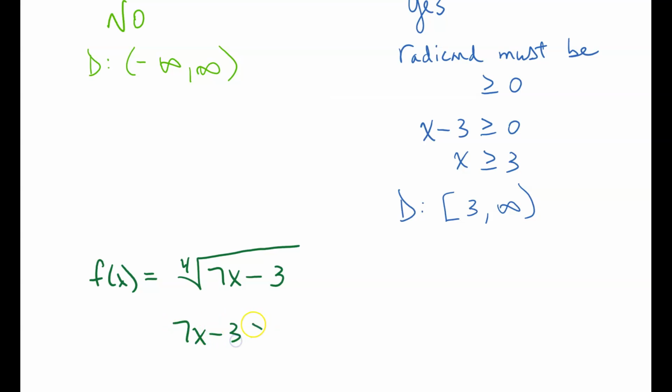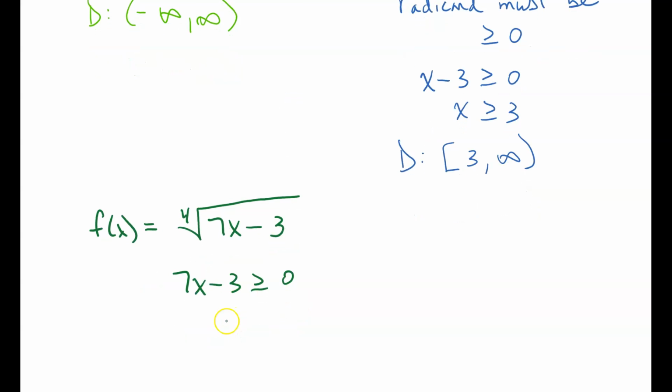Exactly. 7x minus 3 is greater than or equal to 0. Solve for x. 7x is greater than or equal to 3, so x has to be greater than or equal to 3/7. Okay, and again in interval notation, that would just be 3/7 to infinity.